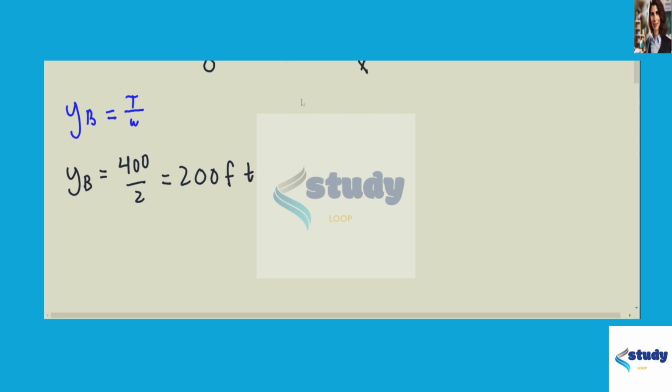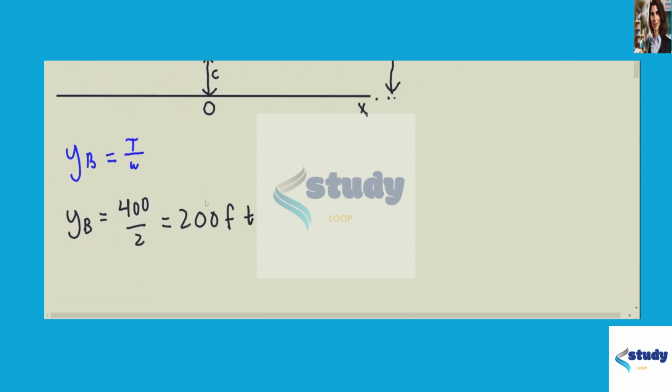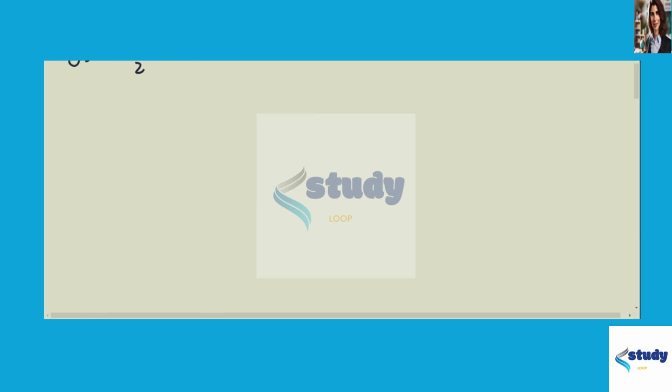And we're now going to find what the length of this c is, this constant c. So now that we know what y of b is, we can write that y of b is equal to c times the hyperbolic cosine of x from b to c divided by c.